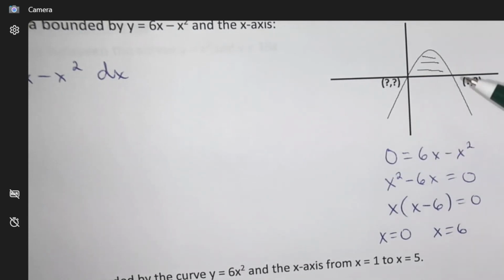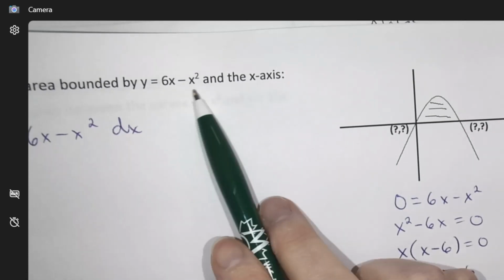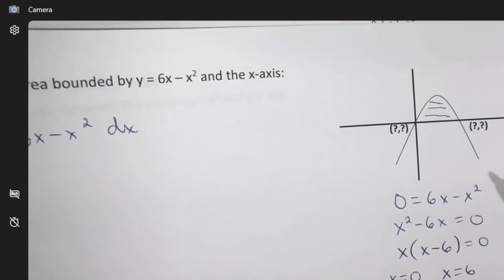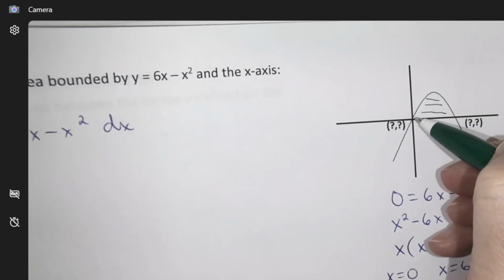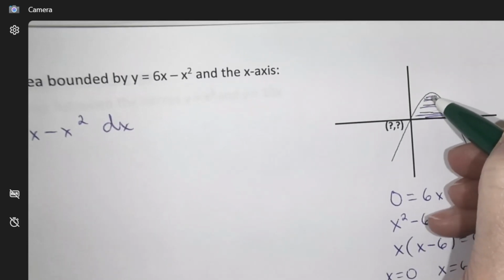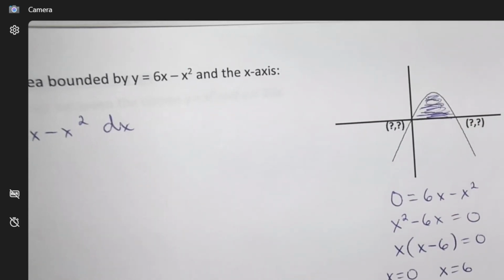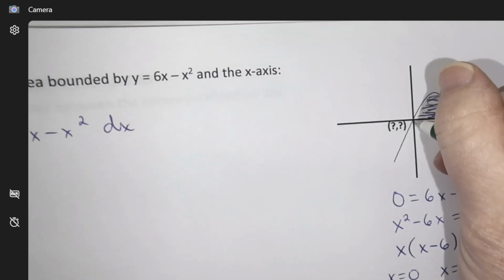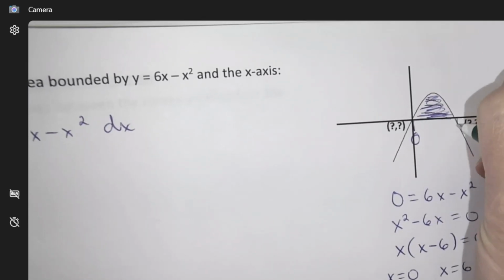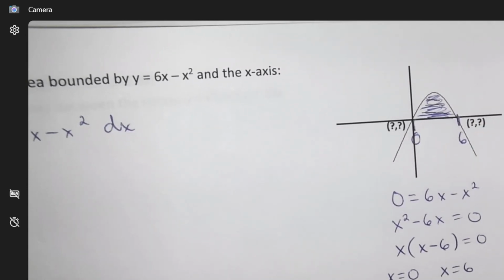So I drew this for you so you can have an understanding of what's going on. If I was to draw this parabola, this is what it would look like. Then I'm trying to figure out the area from the curve to the x-axis that gets the bounded shape. So you can see that it now goes from 0 to 6.